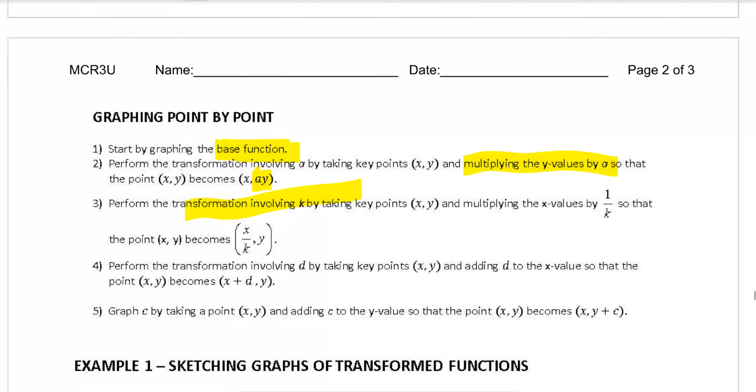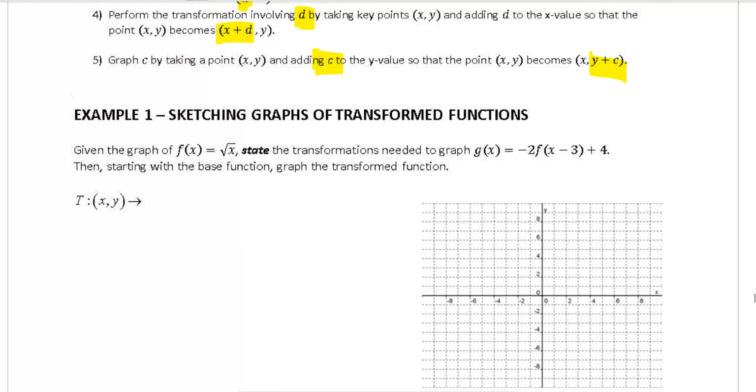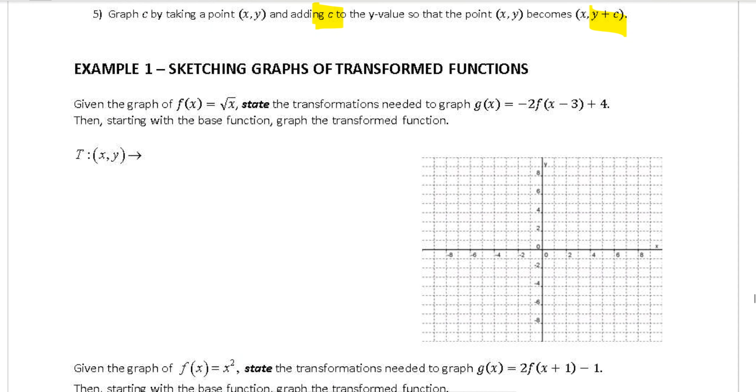Look for your k transformations. So then you're going to take your x values and divide by k. That will take care of your stretches and compressions and reflections. And then your translation. You look for your d value, then you're going to adjust your x, look for the c value, and you're going to adjust your y. Okay? So let's look at some examples.